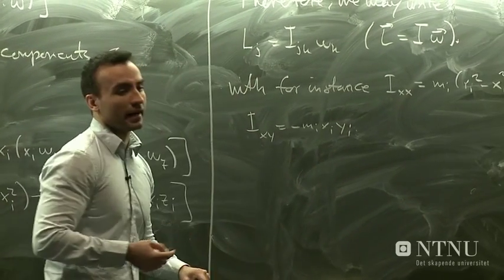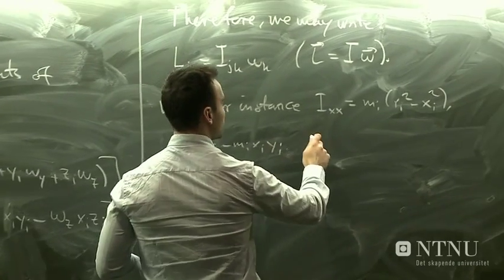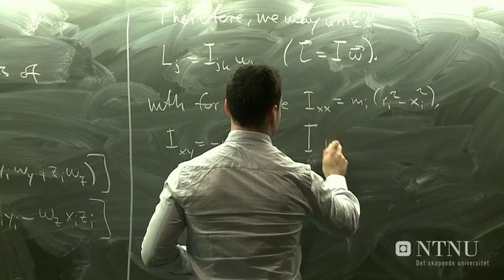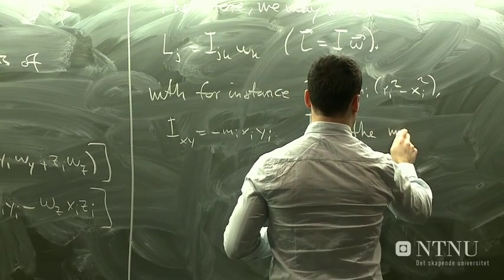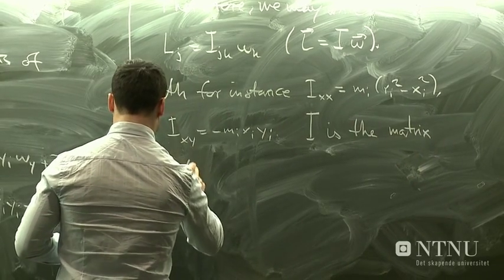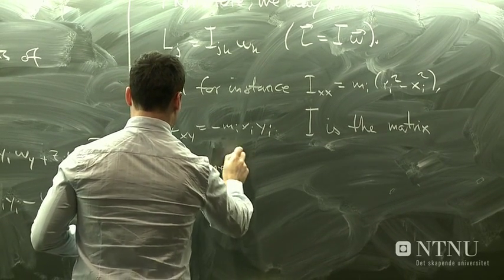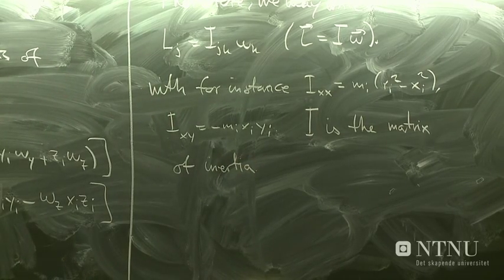Now this matrix I is kind of important. It has a special name. We can call it the matrix of inertia.